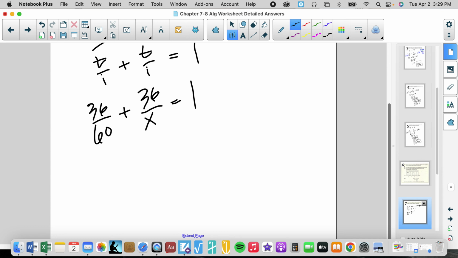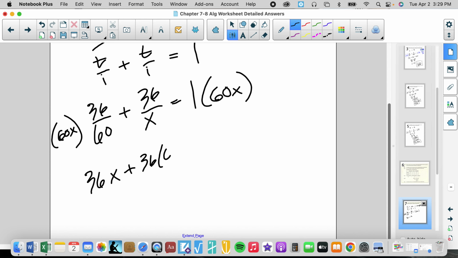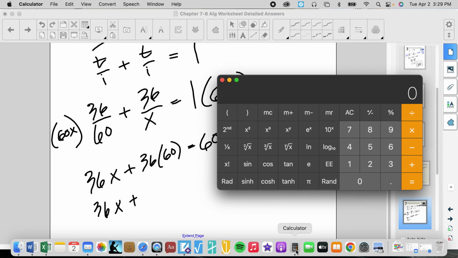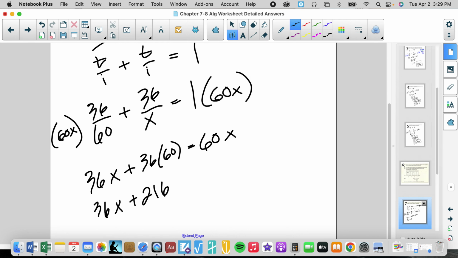So you see how we set this up. We're going to multiply it by 60x because that's the common denominator. That's going to give me 36x plus 36 times 60 equals 60x. 36 times 60 gives me 2160. 2160 equals 60x.